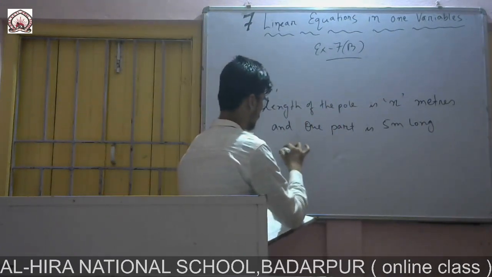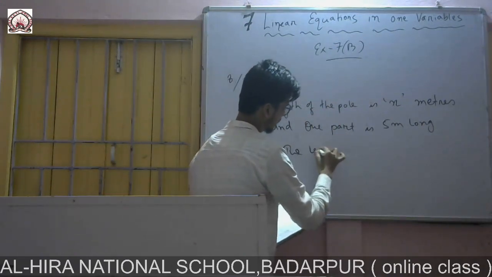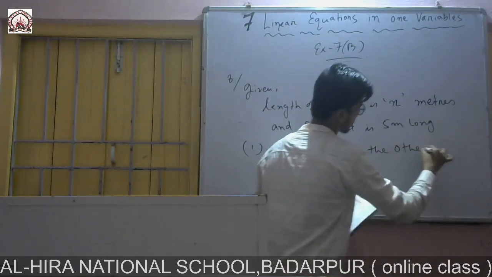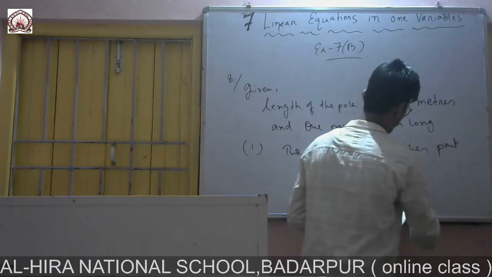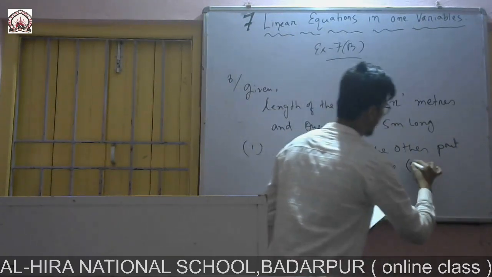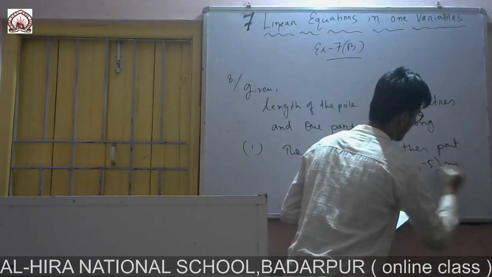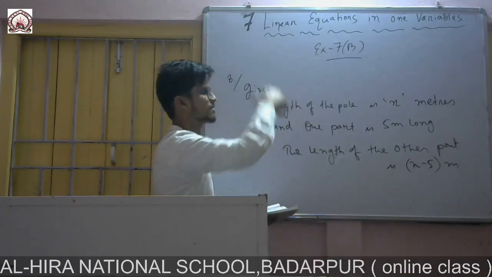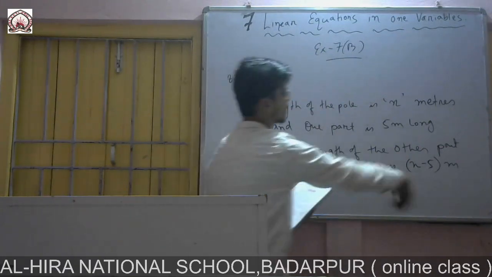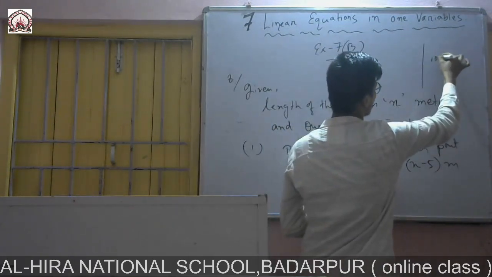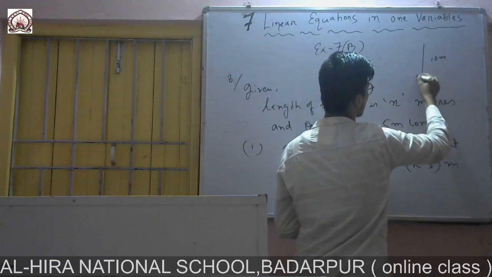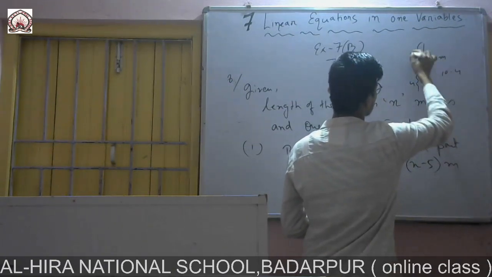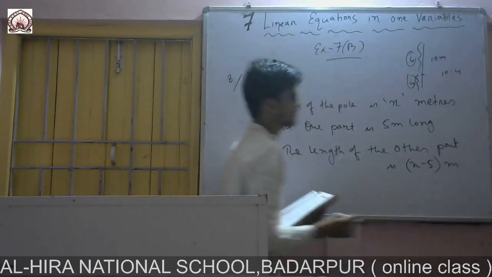You write therefore the length of the other part is x minus 5 meter. Earlier I have shown after removing the 5 meter piece from the total I have to subtract. If a pole is 10 meters long and one piece is 4 meter, then the rest is 10 minus 4, which is 6. That means 6 plus 4 is equal to 10.